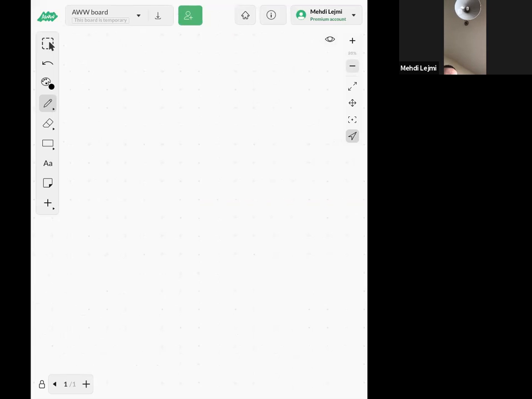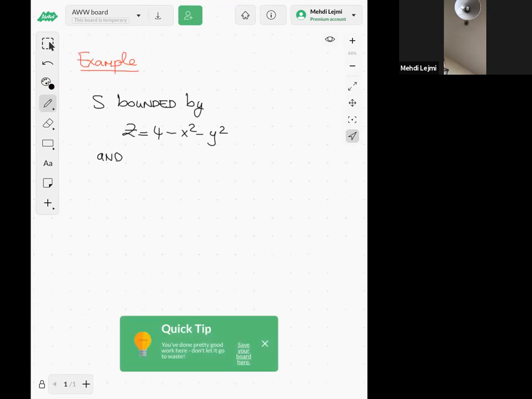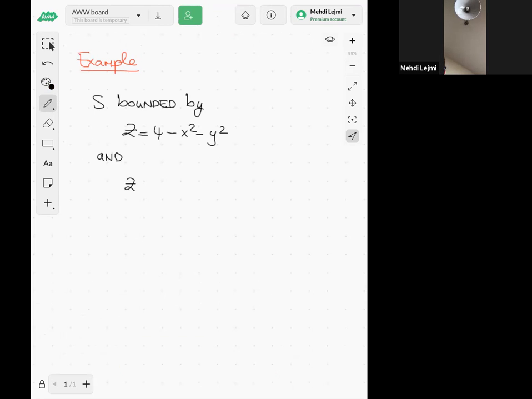All right, so let me write down again here our example. We have this solid S bounded by z equals 4 minus x squared minus y squared, and z equals 0.